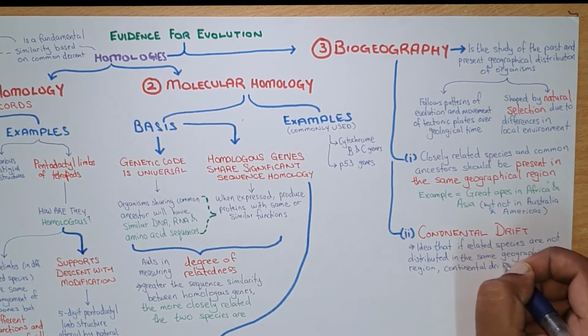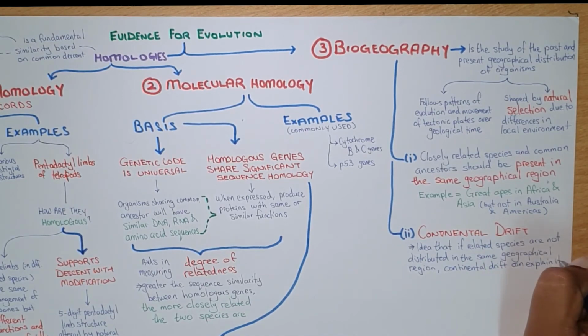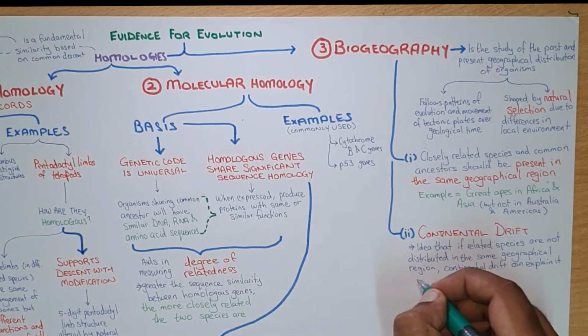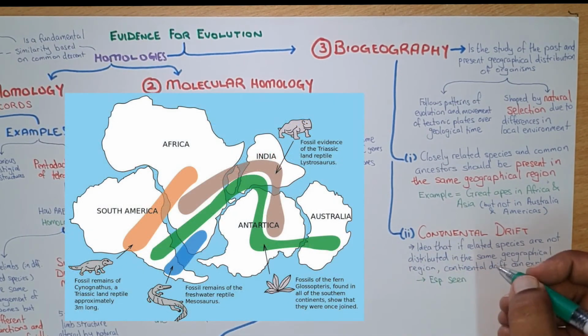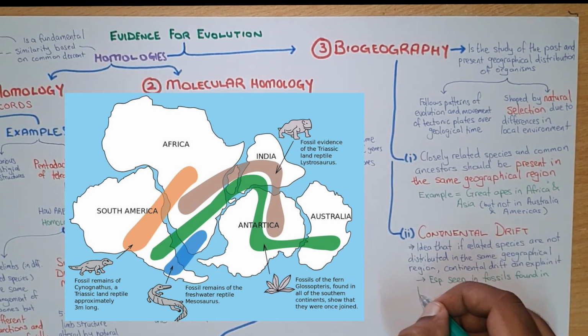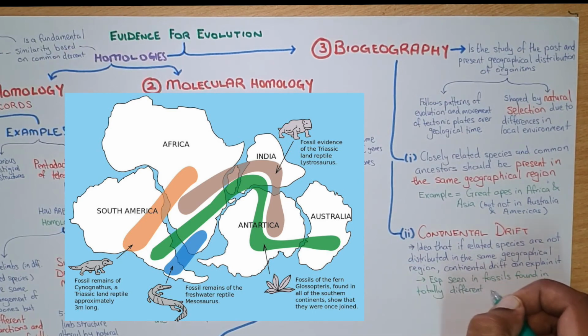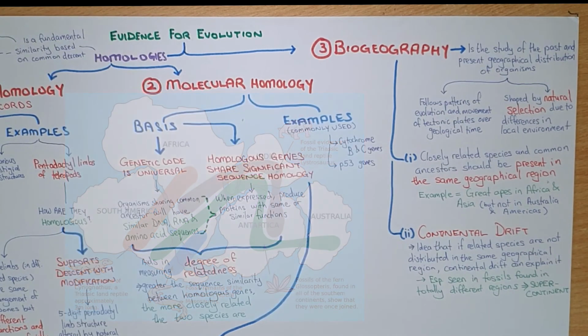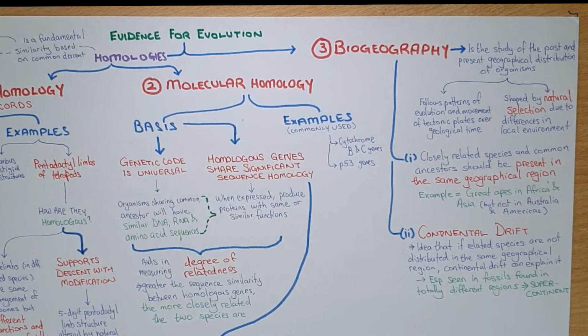So their common ancestors used to live on maybe the supercontinent. And this is really seen in fossils that are found on totally different regions. What do I mean by totally different regions? Like Africa and South America. They separated so long ago, but once they were on the supercontinent. So continental drift also explains the problem if you don't find closely related species in the same geographical region.